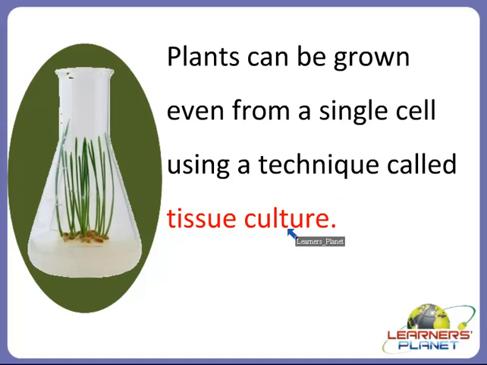So what is happening in this? You can see here, this is a glass flask, and some scientists or researchers have come to the conclusion that if we just keep a single cell in this flask, providing all the required factors in the right proportion, then what will happen?